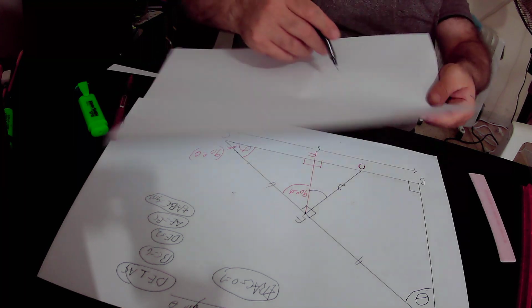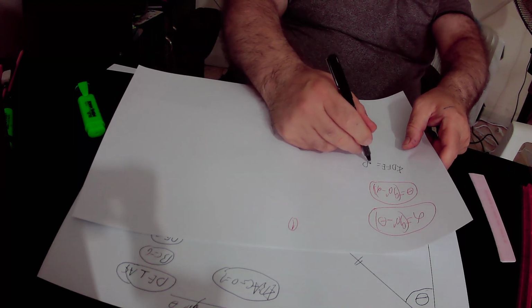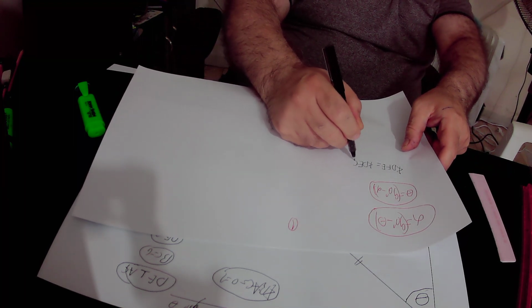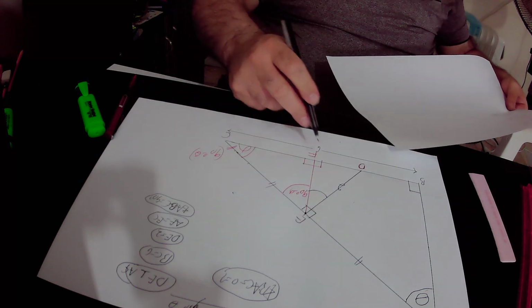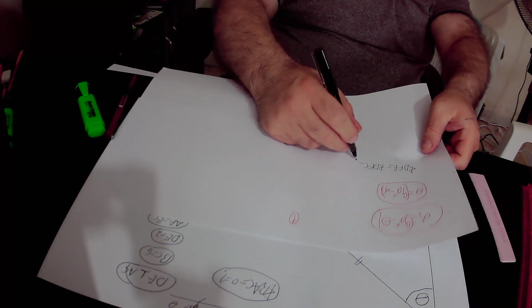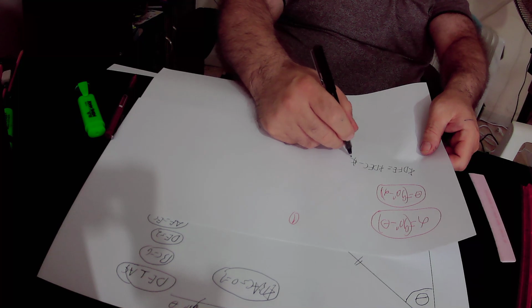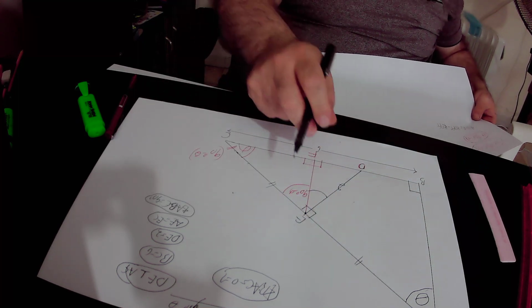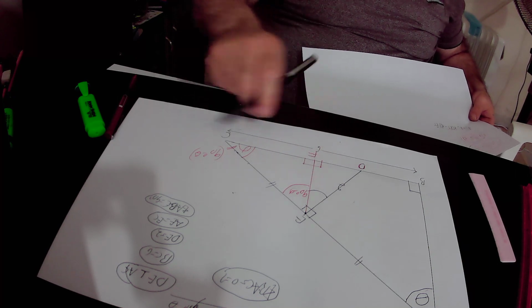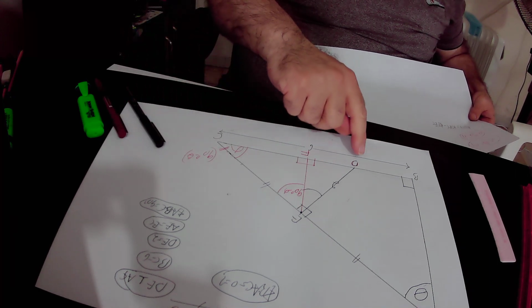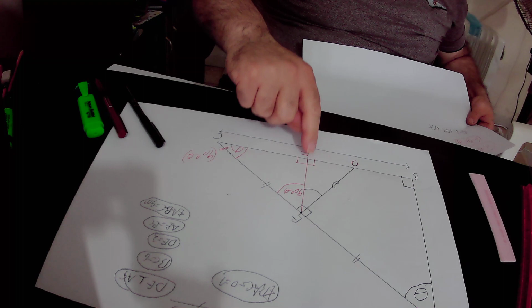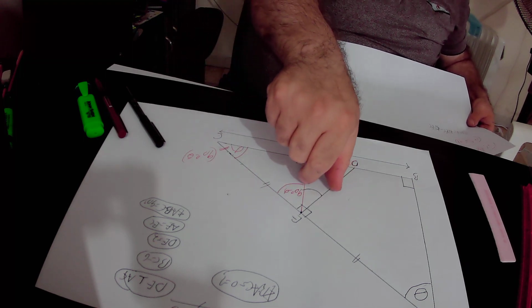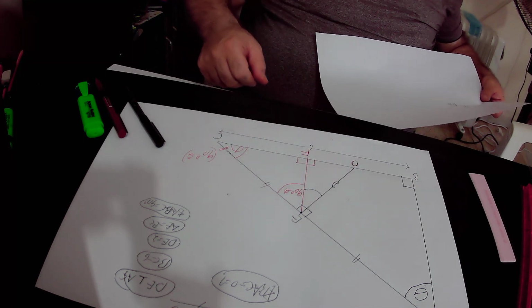So the big angle DEC minus angle FEC will be equal to this angle. It is very easy to see that angle DEC minus angle FEC will be equal exactly to angle FEC. Okay?